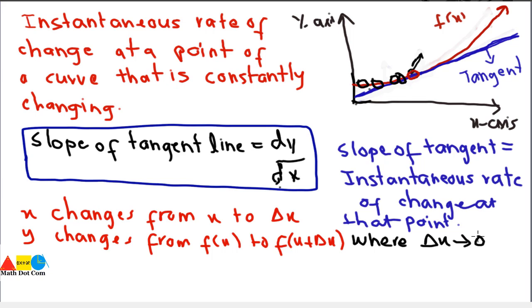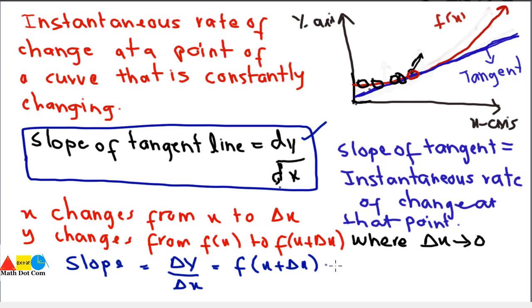So we need not the 2 points but the points in a way that the distance between them approaches 0. Hence, if we put these values here, then we will get the slope as del y over del x is equal to f of x plus del x minus f of x divided by delta x.